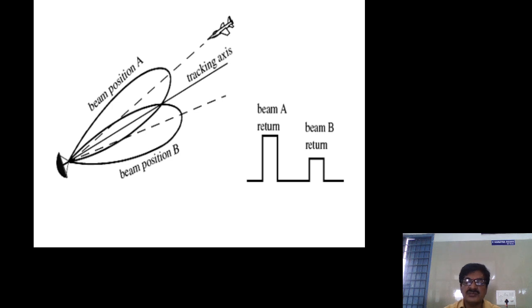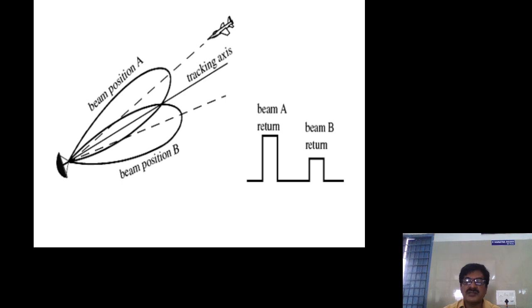If you want to know top and bottom also, we need to consider 4 positions. By increasing the number of positions of the radiation pattern with reference to the target, the accuracy of the information can be improved.